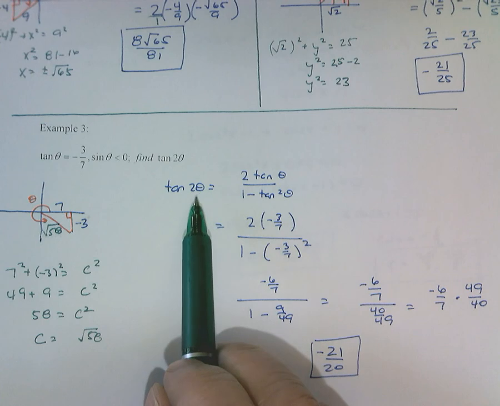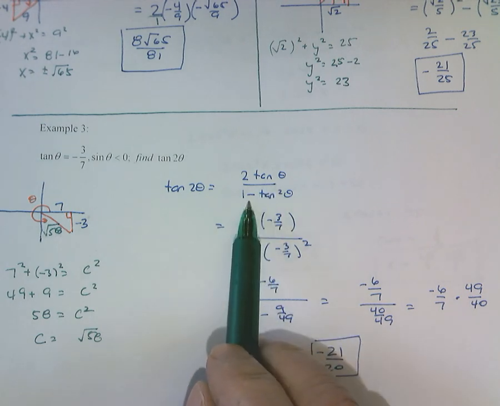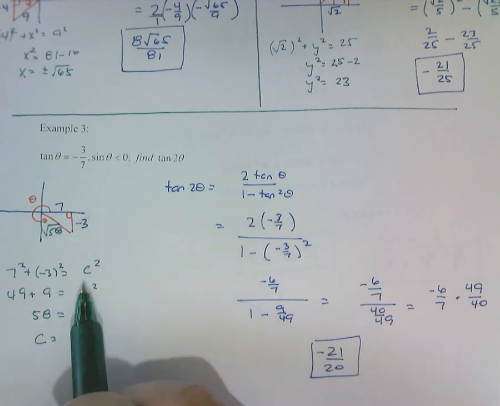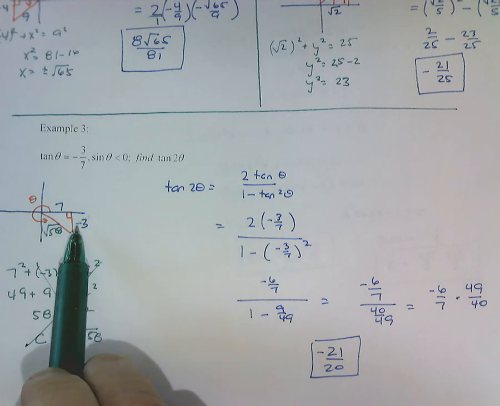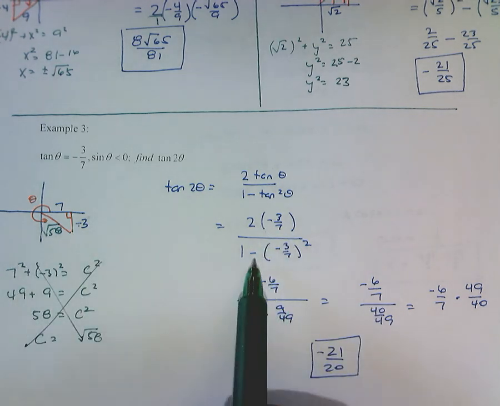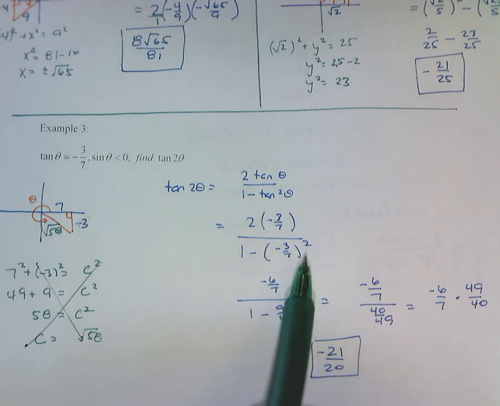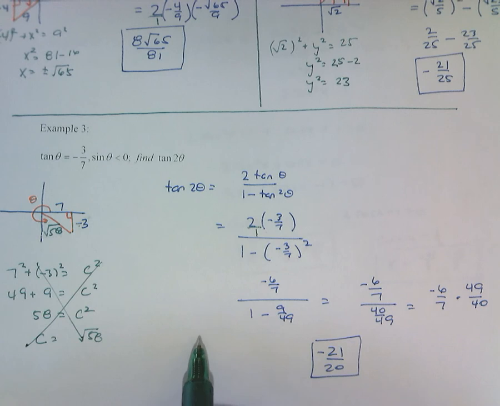So I've got tangent of 2 theta is 2 tangent theta over 1 minus tangent squared theta. So I didn't even need this at all. So tangent of theta would be negative 3 over 7, so 2 times negative 3 over 7 over 1 minus negative 3 over 7 squared. 2 times negative 3 over 7 is going to be negative 6 over 7.